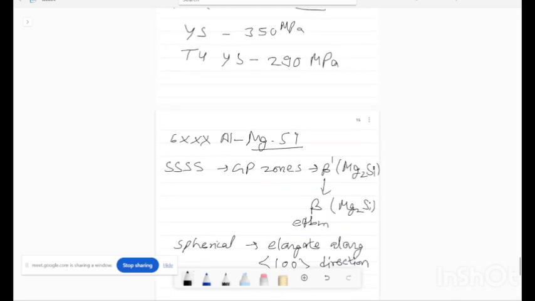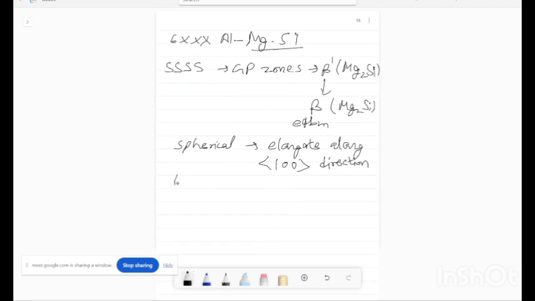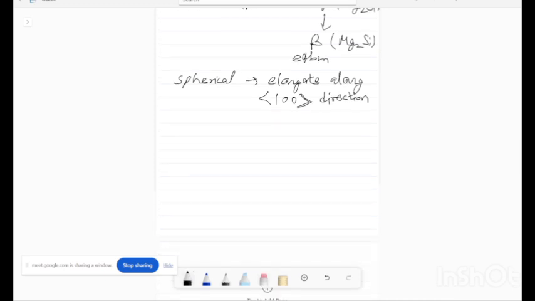Keep in mind that for aluminum copper alloy, the formation is preferable on {100} plane. So plane is defined with the small bracket and the pointed bracket is for the direction. So for 6000 series alloy, the precipitate elongates along the <100> direction, and then later becomes needle shape.